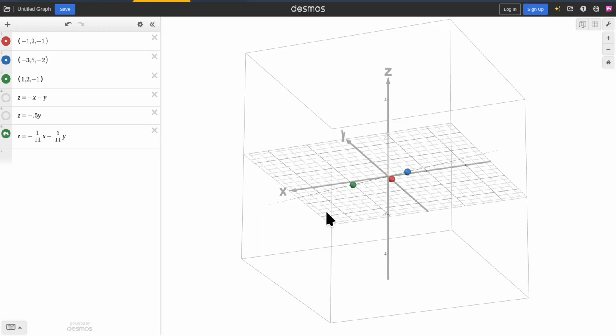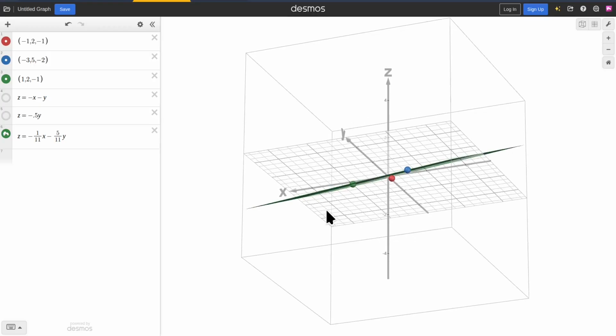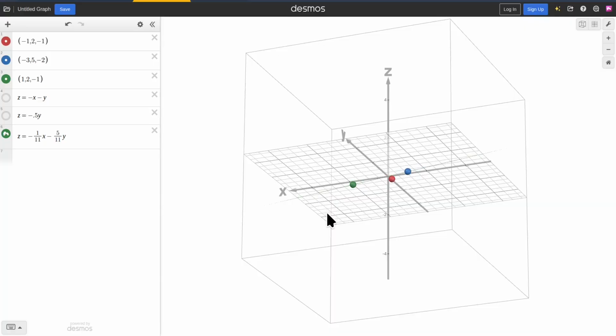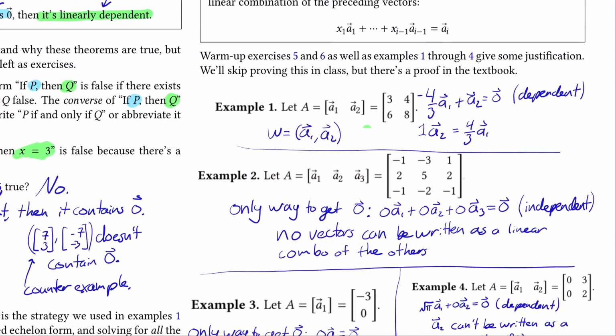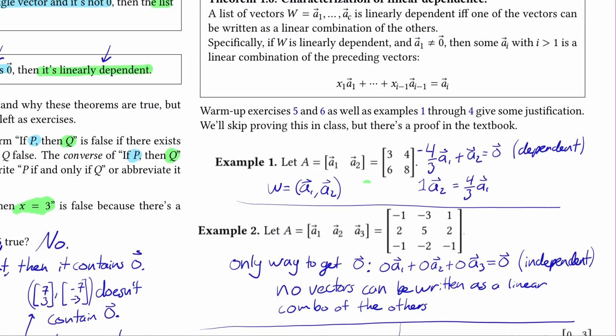The span of a2 and a3 does not include a1. So none of these three vectors can be written as a linear combination of the other two. And also, we did show that the second thing is false here, that no ai can be written as a linear combination of the preceding vectors.